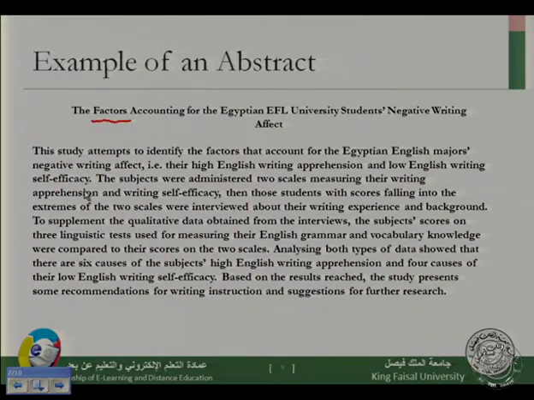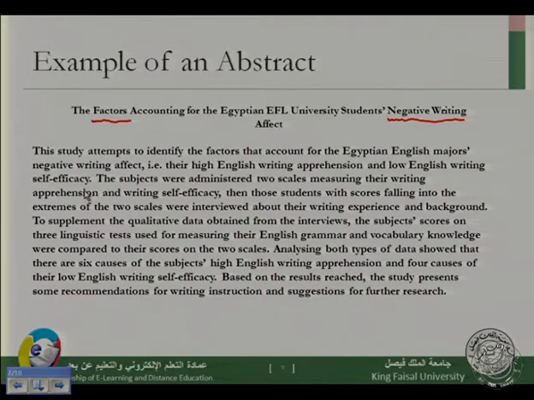It's about the negative writing effect. So there are some negative factors that can affect the quality of your writing. From the title, we inferred this, but we need to read more. How? We need to read the abstract.